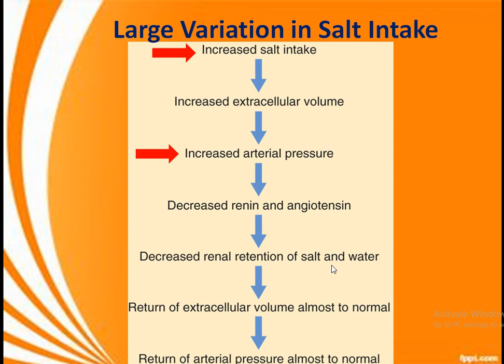As they are not retained in our body, they are excreted more and more, so that the extracellular volume returns almost to normal and the arterial pressure almost to normal. They are not retained, they are excreted. The increased salt intake is balanced. Now we have increased salt excretion also.